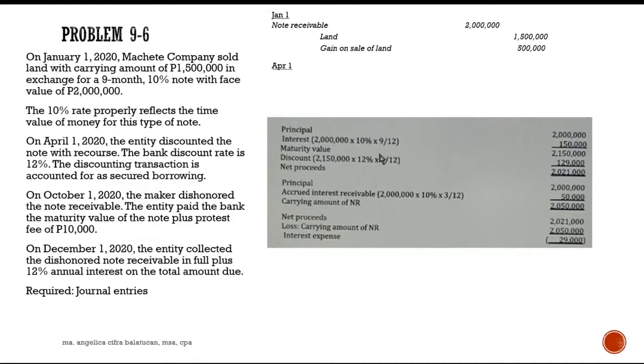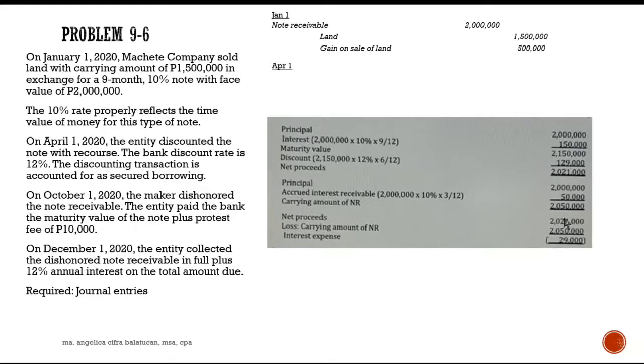So ang mabilin is 6 months. So the proceeds would be 2,021,000. Then, to get the accrued interest receivable, it's based on the expired na nga portion. So, again, January, nya February, March, nya April 1, that's 3 months. So, 2,050,000. So, get the difference, that's 29,000 interest expense.